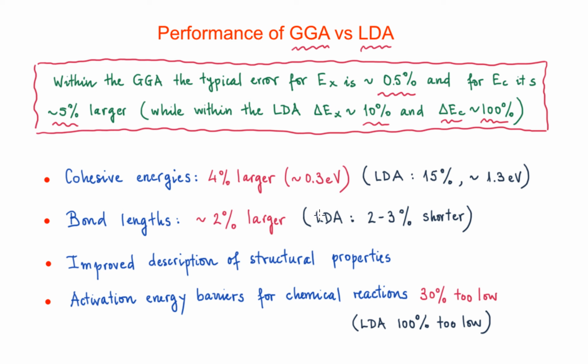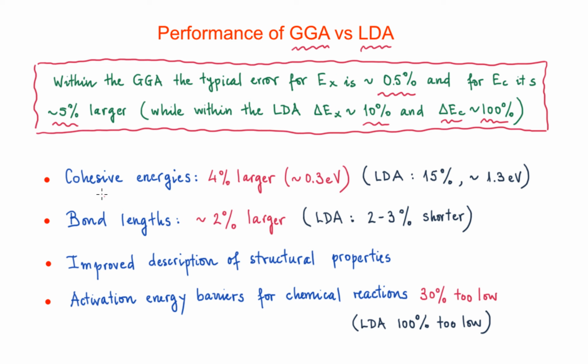So there is not a big improvement with the GGA in characterizing the geometry of the solids or molecules. However, within the GGA we have an improved description in general of the structural properties of solids. The transition pressures you are getting, for example, when you have a structural transition under pressure, are usually better described within the GGA than within the LDA.